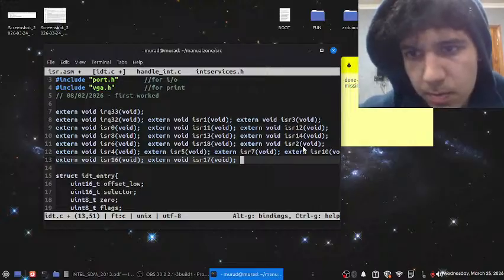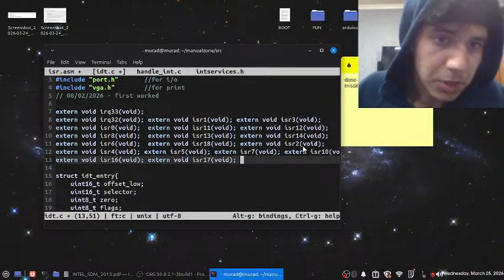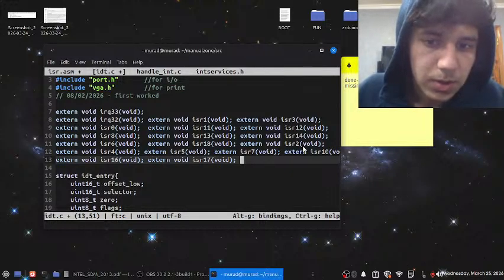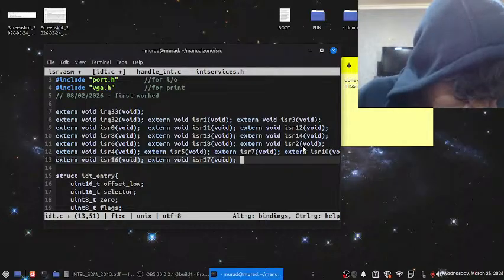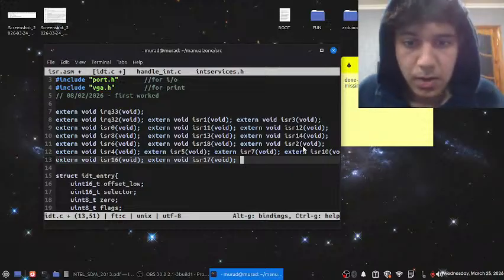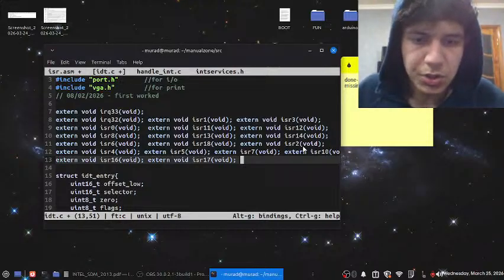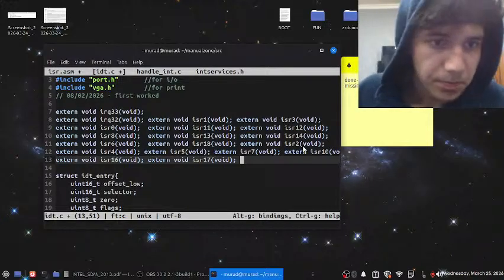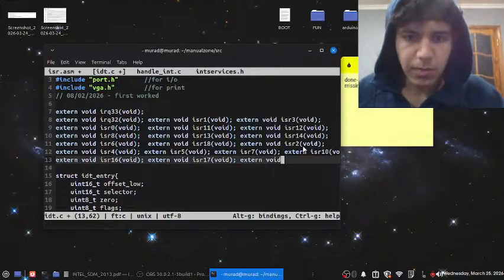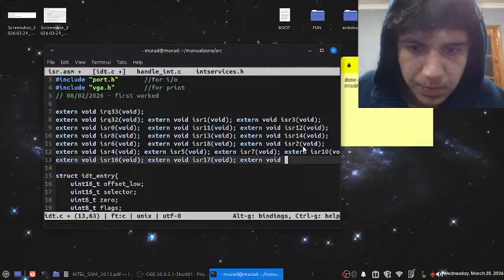And if a critical interrupt occurs, for example a page fault, a page fault can be recovered. Let's say a double fault cannot be repaired because it is a critical interrupt that can shut down the whole system. Interrupt descriptor table 8th entry.